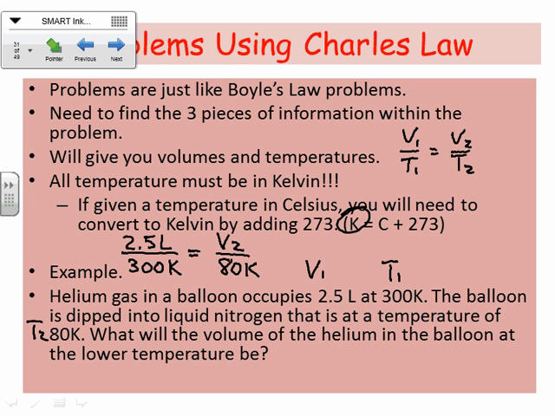If you're struggling with that, let me know. But basically, if you're going to cross multiply, what you would ultimately end up doing here is taking 2.5 times 80 divided by 300. That gives 0.6666667. Well, let's just round it to one sig fig, because our two temperatures only have one sig fig.